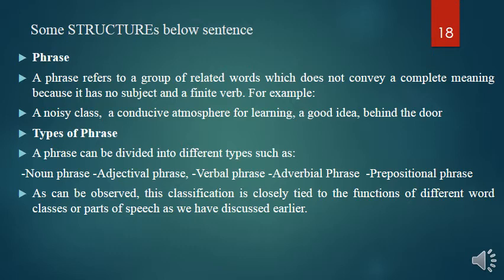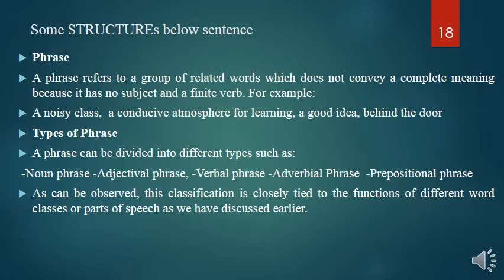For example, behind the door. Behind the door is a combination of words but without any meaning. There is no complete meaning. A noisy class. When you say a noisy class, it is a combination of words but without a complete meaning.